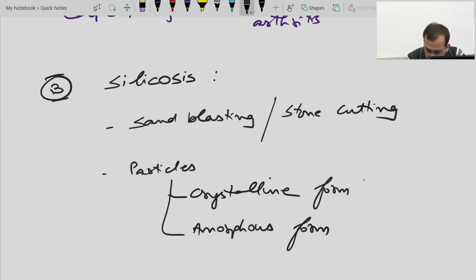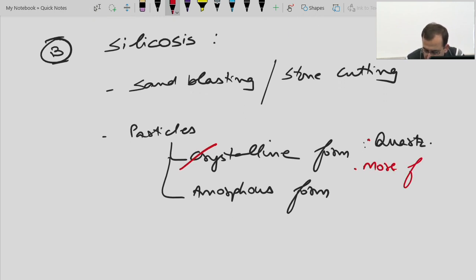The crystalline form is quartz, and this is more fibrogenic than the amorphous form. Next point, location.